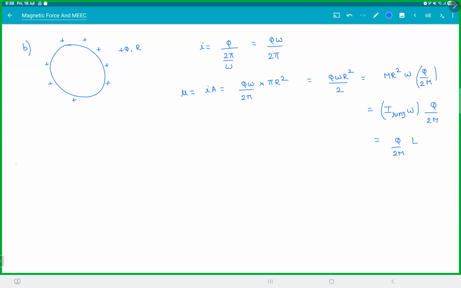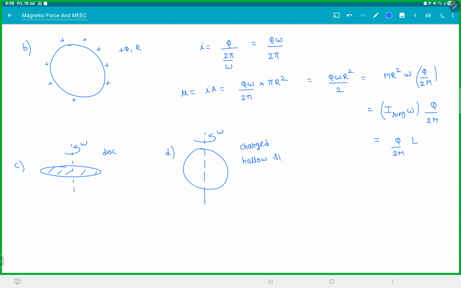So using the same logic, I can now do the same thing for the disk. I can even extend this to a hollow sphere, or a charged solid sphere.